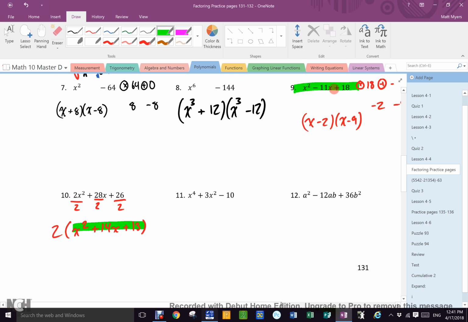So we try it. Are there numbers that multiply to 13 and add to 14? Yes, there are. What's 1 times 13? 13. What's 1 plus 13? 14. So it is 2x plus 1, x plus 13.